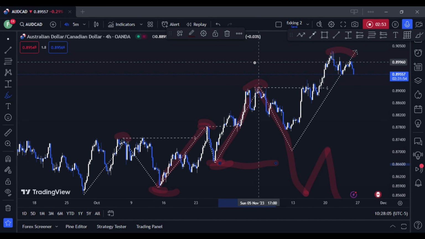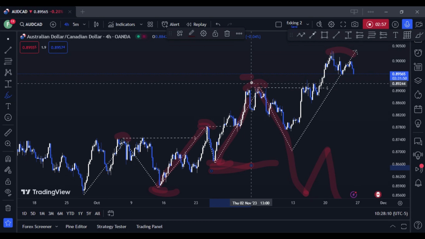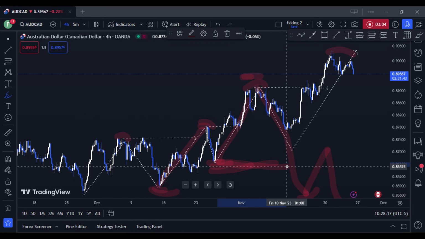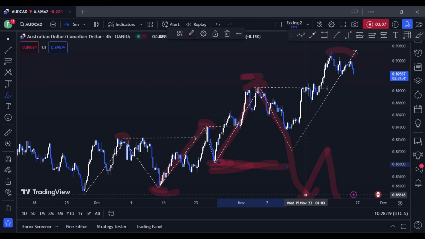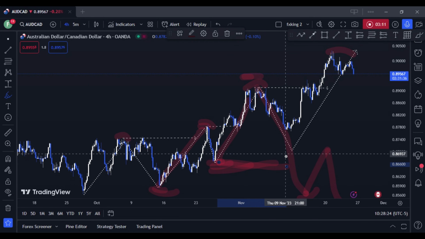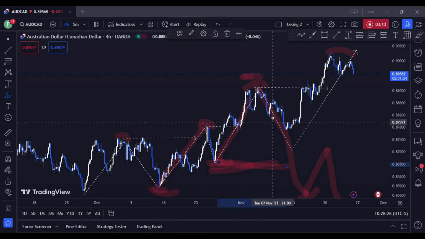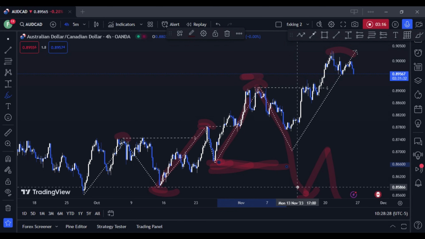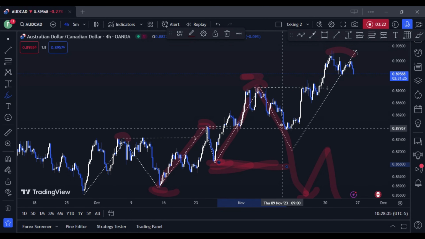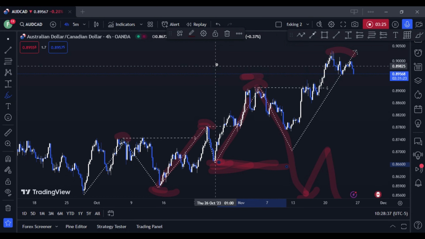So our trading range will switch and move from here to here because of this change of character here and this change of character here. When this change of character occurs, this becomes our trading range, so we are looking for our point of interest within this range. When this retracement or correction starts, we start looking for our point of interest somewhere around here.